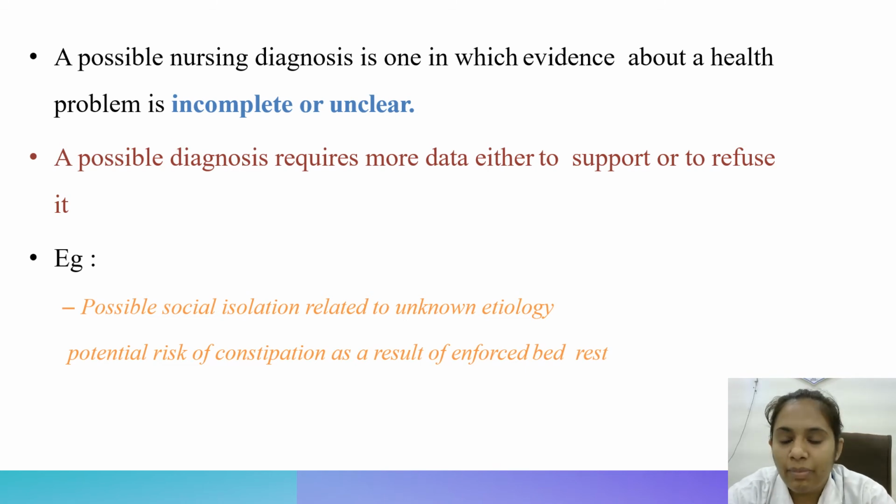Whenever the patient's symptoms and conditions do not match a disease condition, you write a possible diagnosis, for example possible social isolation related to unknown etiology, or potential risk of constipation as a result of enforced bed rest.